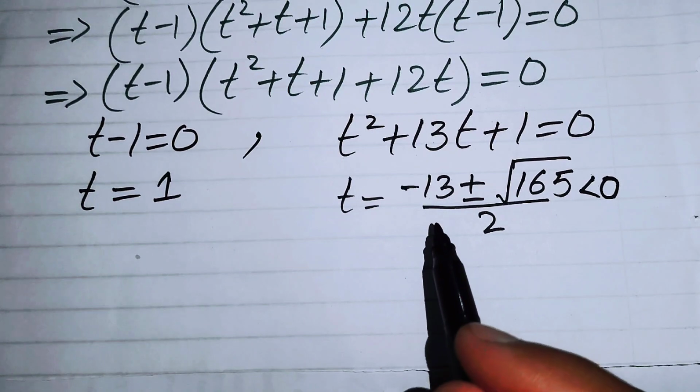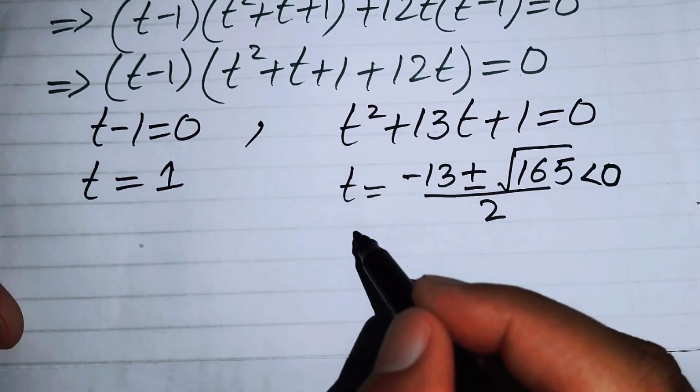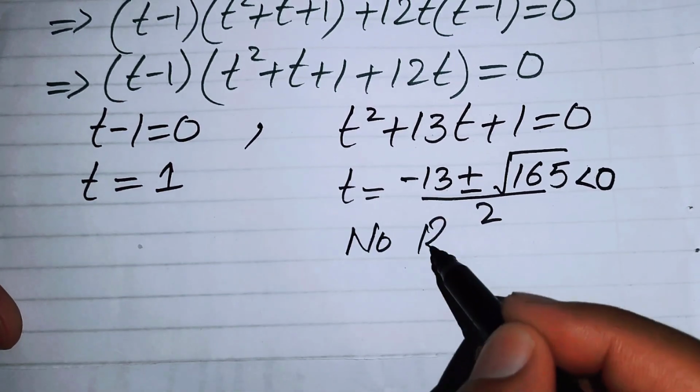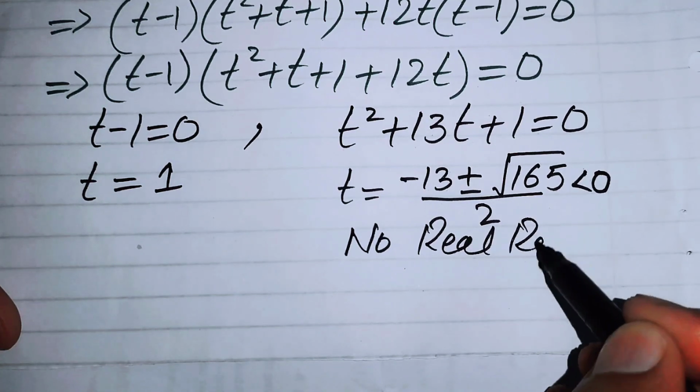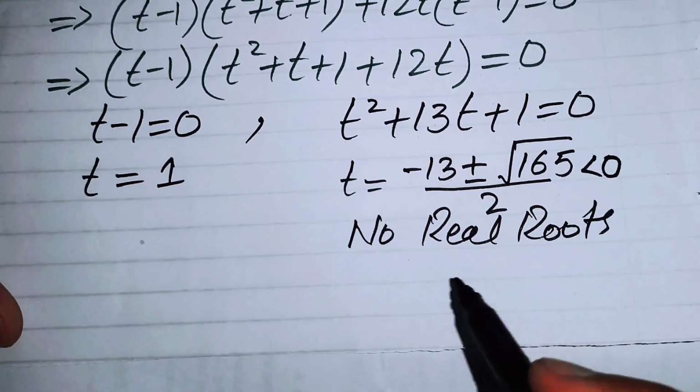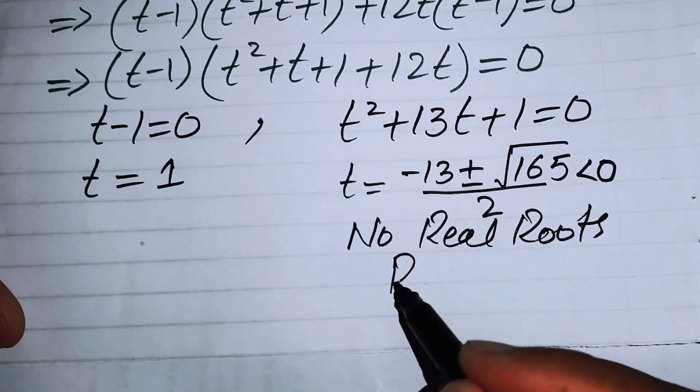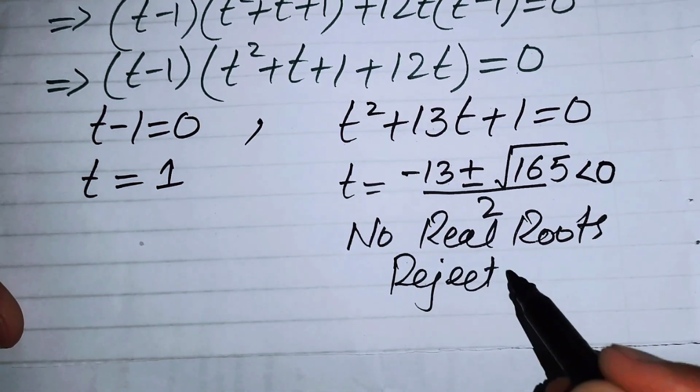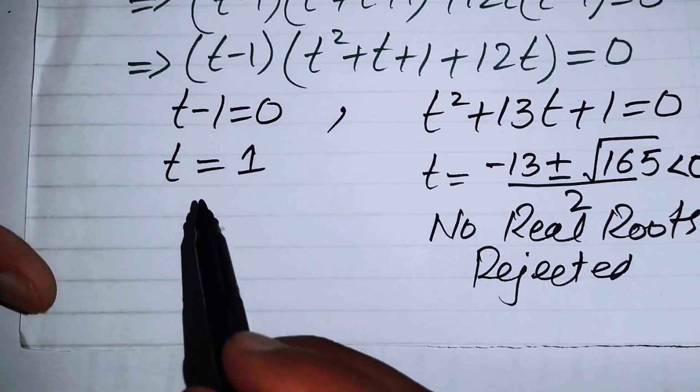So if this term is less than 0, it means that it gives no real root, because in this question we need the real roots, so we will reject this case, and I can just proceed here with this case only.